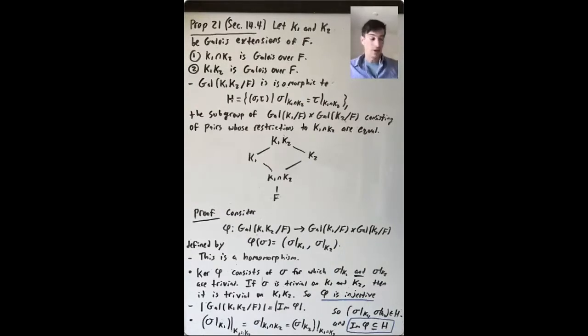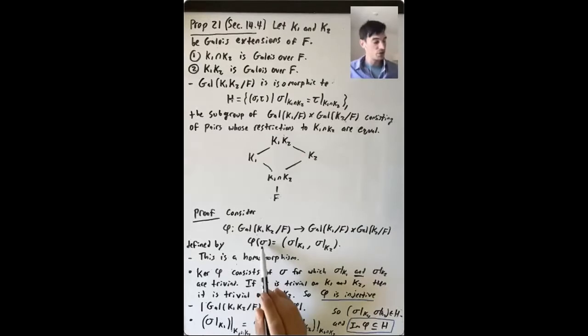Okay, so the next thing we're going to show is that this homomorphism is injective. So what does the kernel consist of? It's all the elements sigma in the Galois group of this composite over F, where you get sent to the identity over here. But what is the identity over here? Well, the identity of Galois K1 over F is the trivial automorphism of K1. Identity of Galois K2 over F is the trivial automorphism of K2.